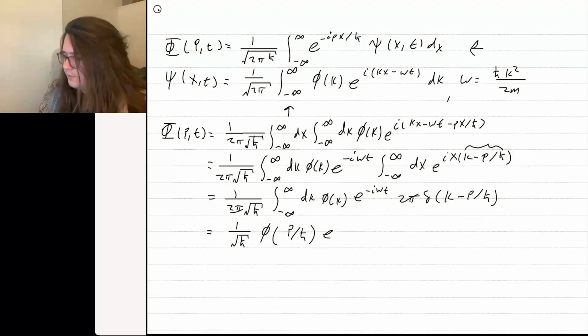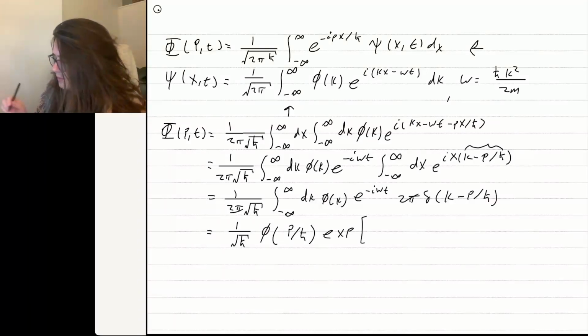I'm going to fully expand what the exponent is at this point since omega depends on k, but we're going to be plugging in p over h bar for k is what's going to happen. So it's minus i t h bar over 2m, and then p over h bar squared.